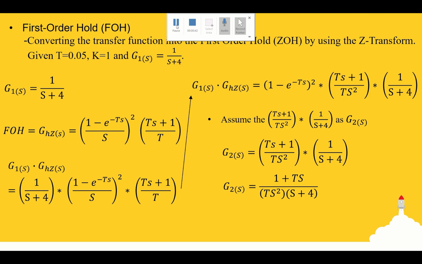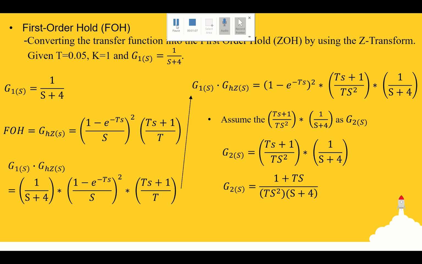For our transfer function, we are given 1 over S plus 4, which is G1(S) in the S domain form. And for FOH, there are three blocks, which are 1 minus e to the power of negative Ts, squared, times 1 over S, times Ts plus 1 over T. And therefore we get the S domain times the FOH block.